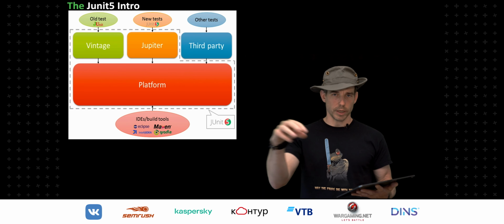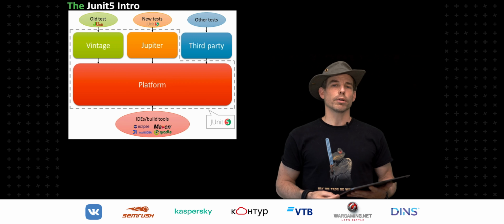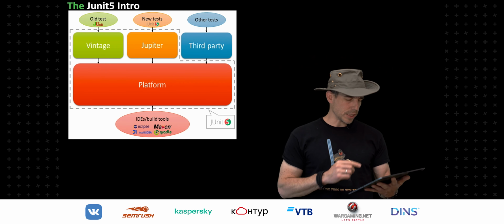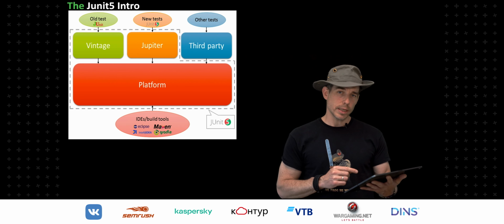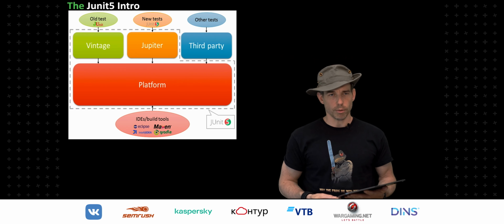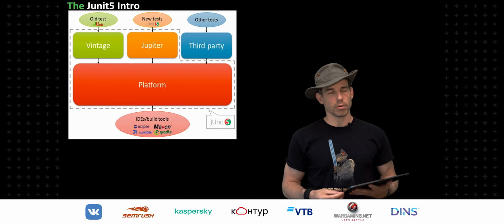So all these test engines are running on top of the platform. And then we have a tiny beast here below. It means this tiny bubble here with IDEs and build tools. First of all, I thought this is just to mention all this stuff.